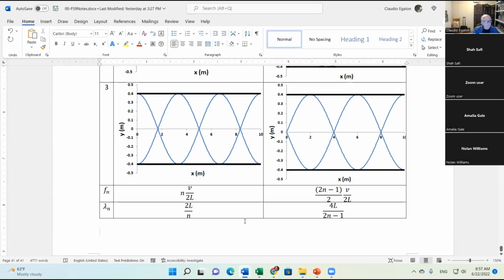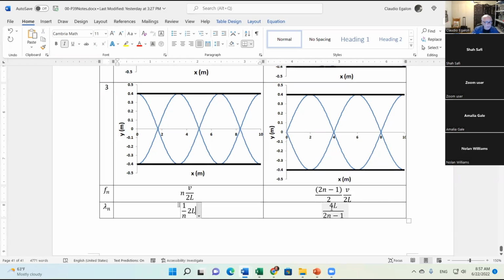This term here is the same as this one, right? And then I'm going to do the same here. Let's see. 1 over n. 1 divided by n times 2L.